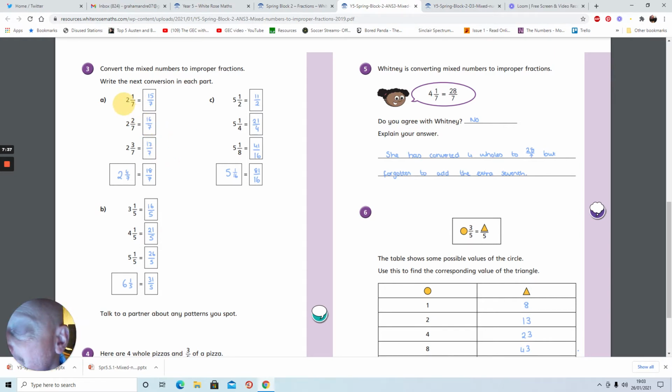Alright, so we've got 2 1/7, and to work that out, you could either draw the bars, the sevenths, and draw 2 complete ones, and then 1 down here with just 1 shaded in, or you can do a little multiplication trick. So 2 times 7 is 14, then we add that 1 more at the top there, gives us 15/7.